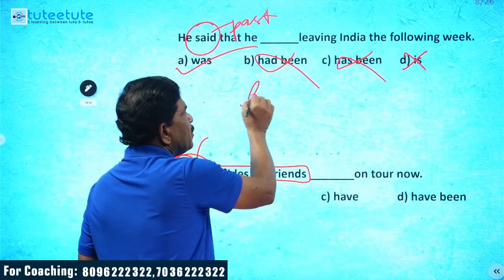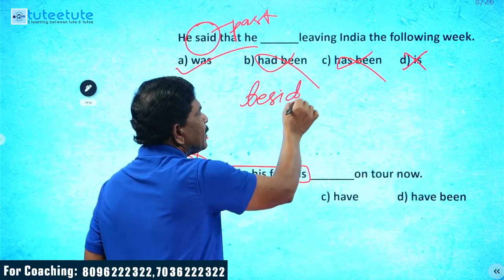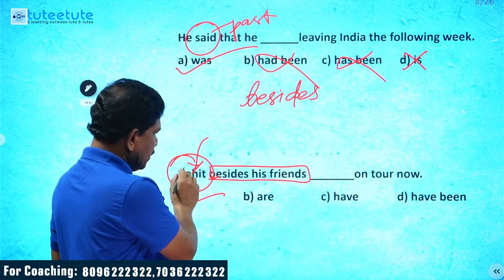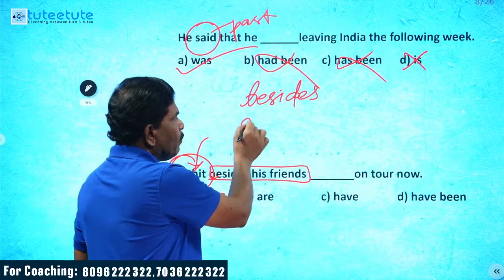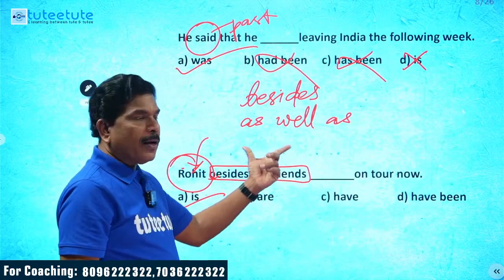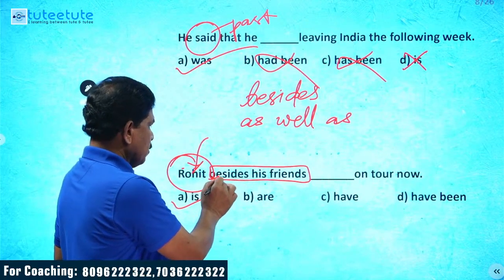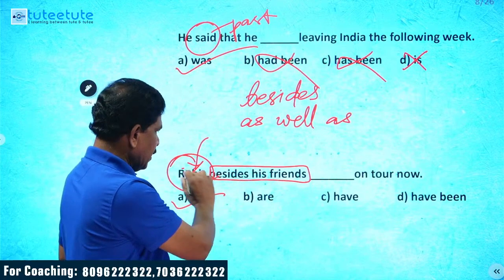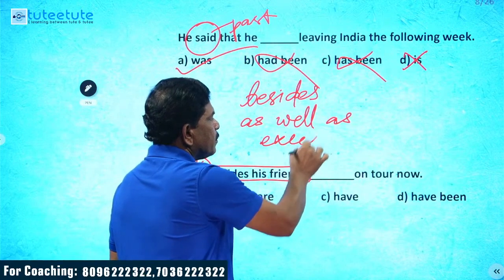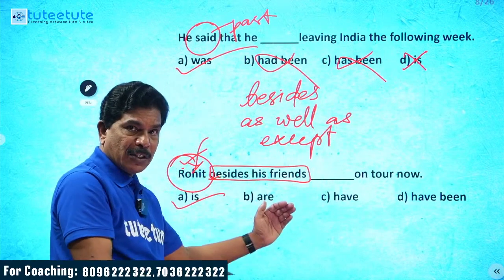You know, the conjunctions like besides. When besides is used, we consider the number of the first one. And we have this one, as well as. Rohit as well as his friends. Again, Rohit is the subject. Then except. We say Rohit except his friends.